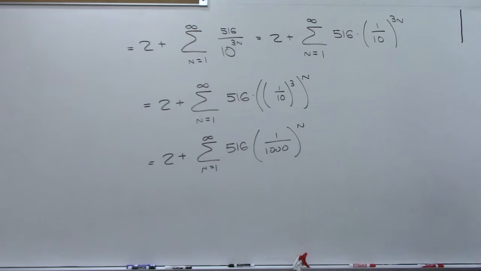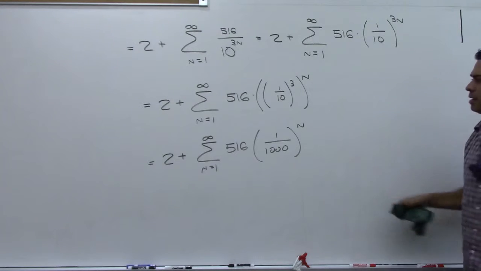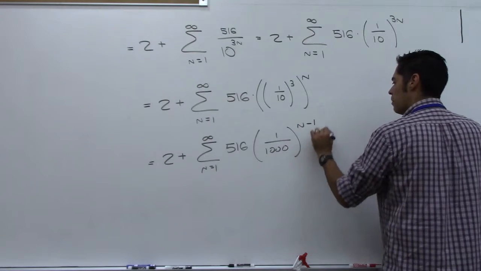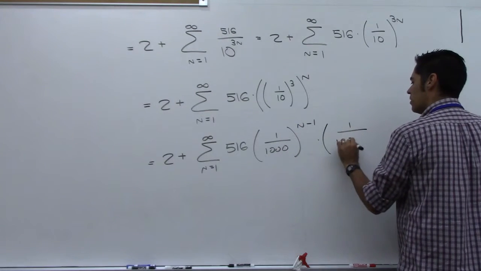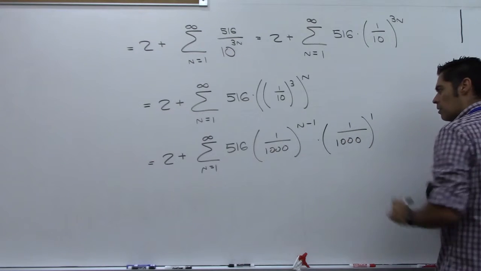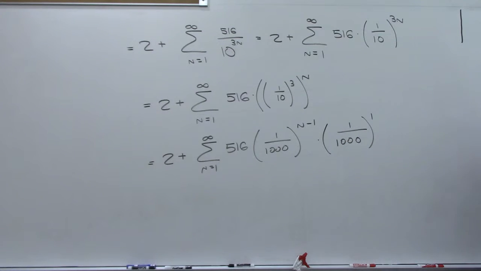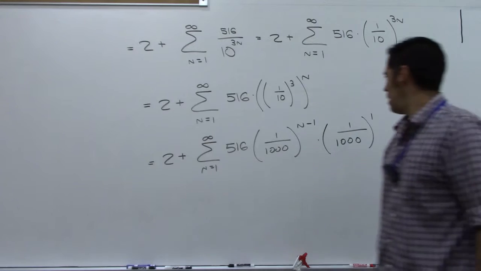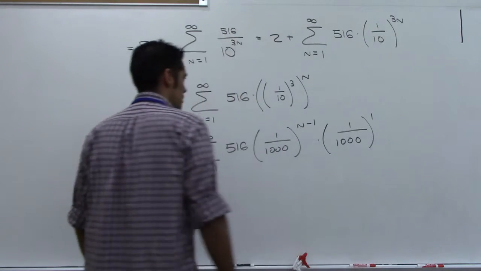And all I need now is to make this an n minus 1. So I'm going to make it a minus 1, but then remember I have to multiply by 1 over 1,000 to the first power. So I kind of did that really quick. And I should be able to get this from this right here.